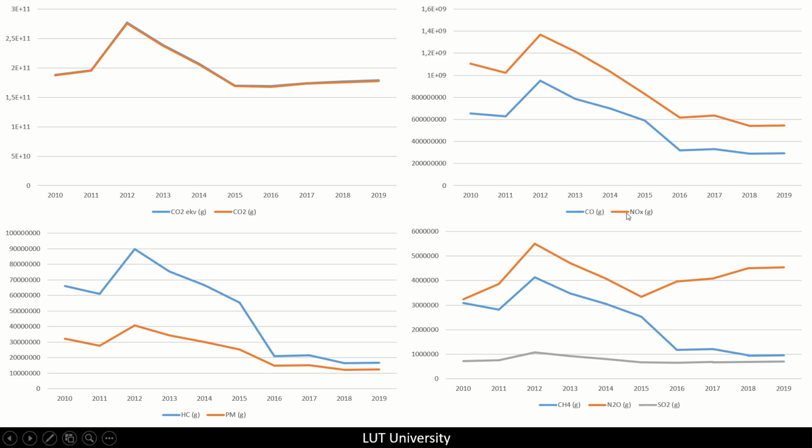And lots of catalysts in the cars have been installed to reduce this NO or nitrous oxide emissions, but these catalyst converters have one problem: when they are not working as fully intended, they transform this nitrous oxide emissions into N2O emissions in the process, and especially in the diesel engines, this is a problem.